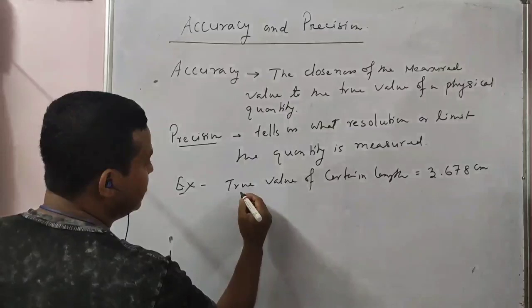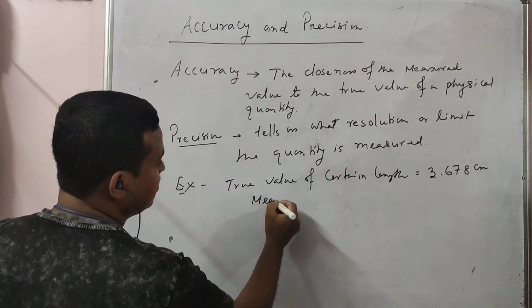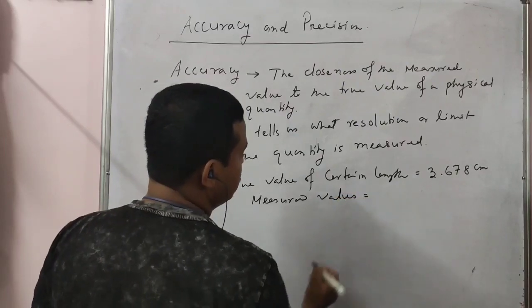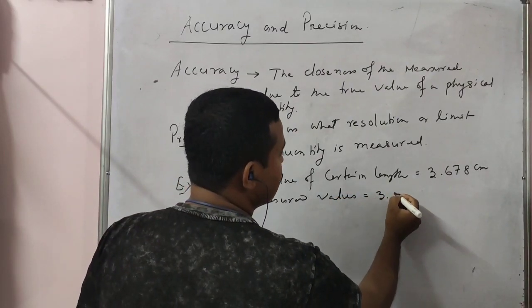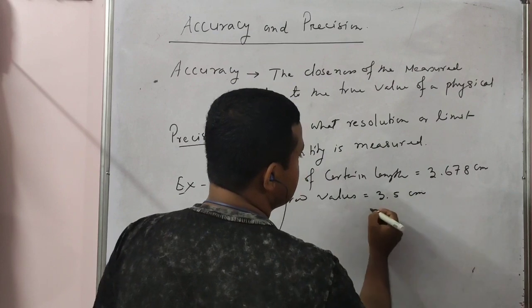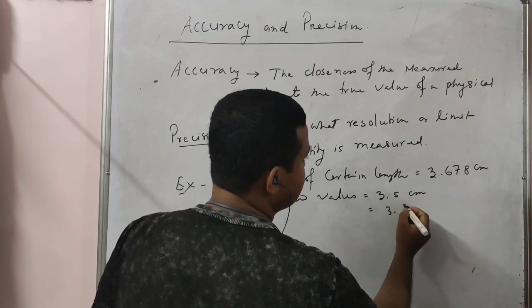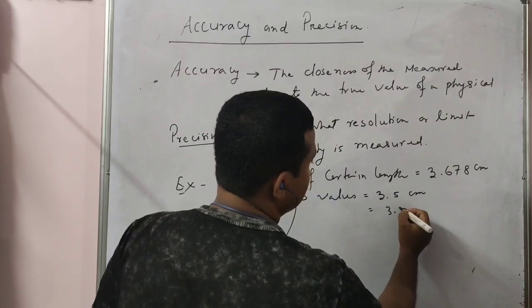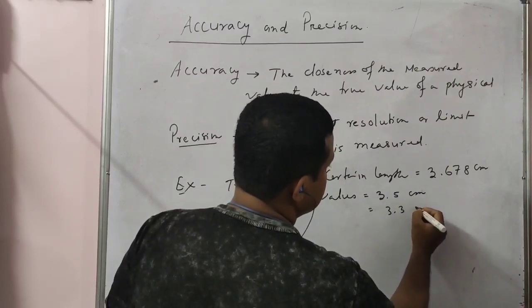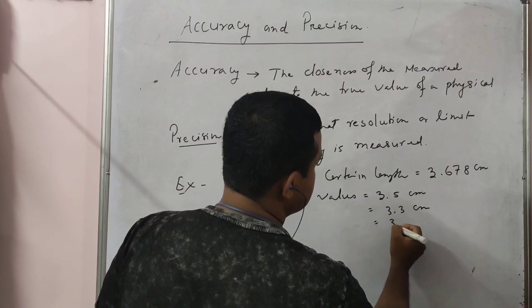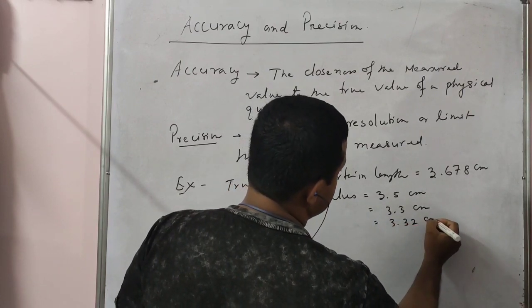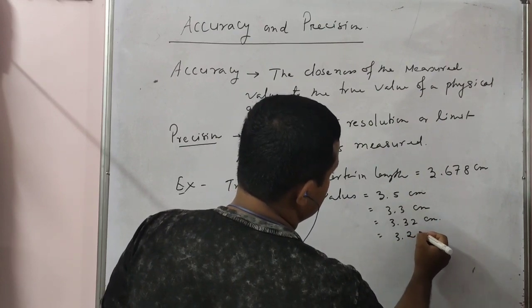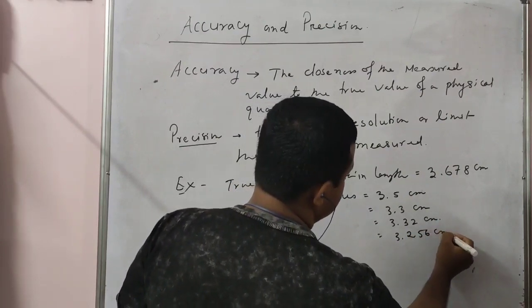And while measuring, the measured values are suppose 3.5 centimeter, 3.3 centimeter, say 3.32 centimeter, say 3.256 centimeter.